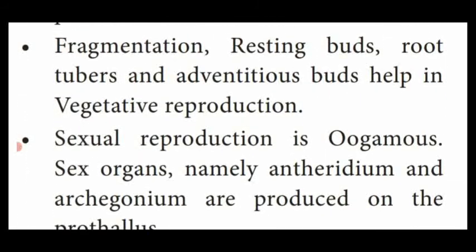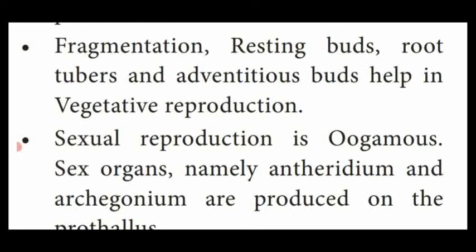Next, some vegetative reproduction methods also take place in pteridophytes. One is fragmentation, then resting buds, root tubers and adventitious buds. Fragmentation: the plant body, due to natural climatic conditions, breaks into a number of pieces known as fragments.